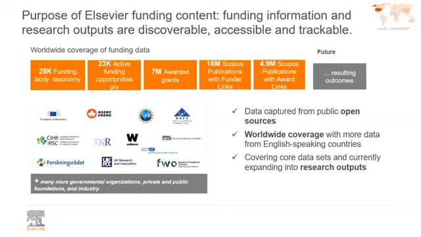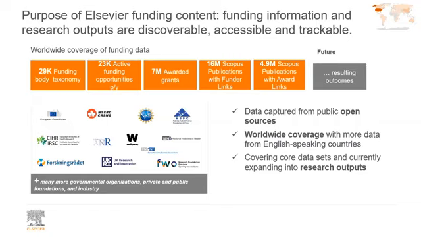This is because our enrichment, our machine learning capabilities are more performant on English content, but we are continuously iterating and improving this. We capture data mainly from publicly available sources, so from open sources, but also by working with funders. And when we talk about what type of funding data we cover in Elsevier, there are multiple types of data sets. Let me walk you through all of them.